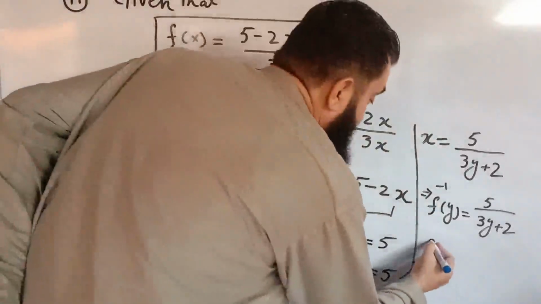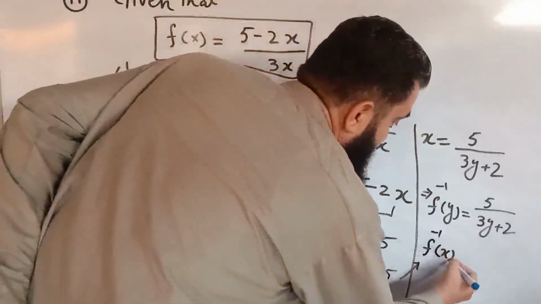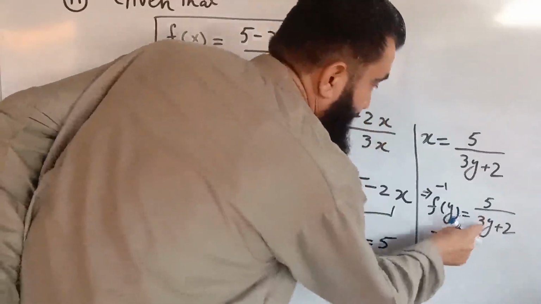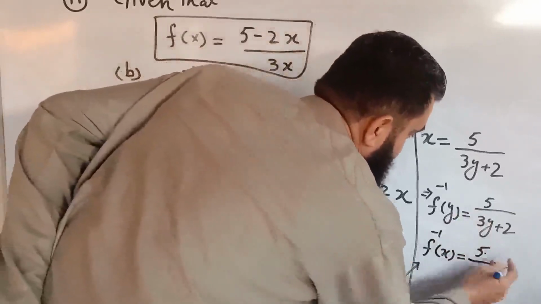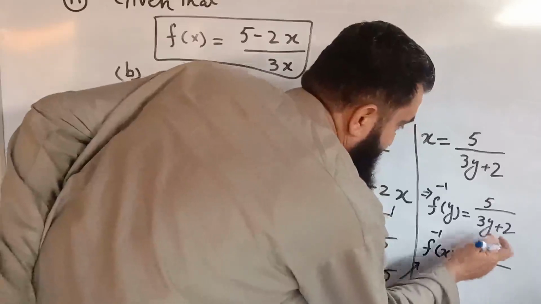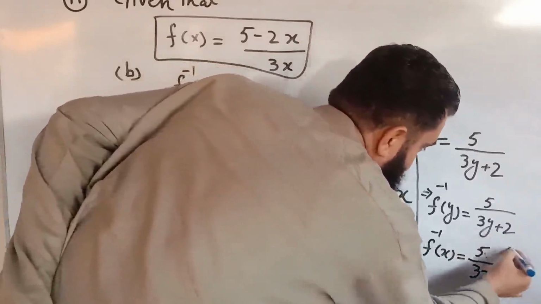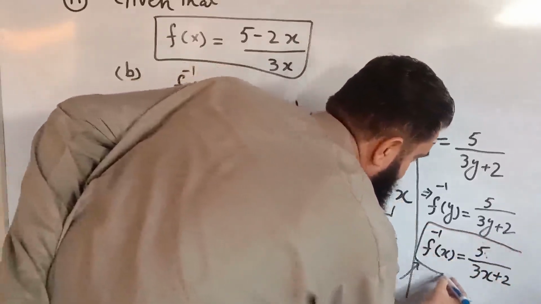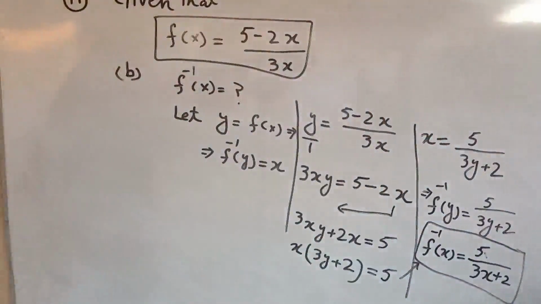So f inverse of x will be 5 over 3x plus 2. This is your answer.